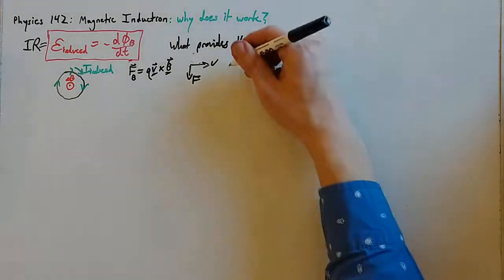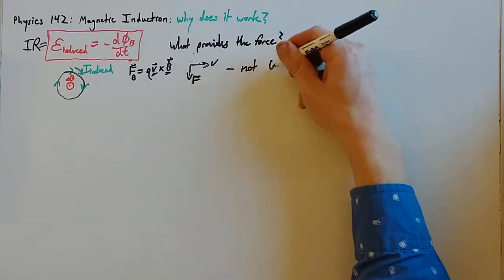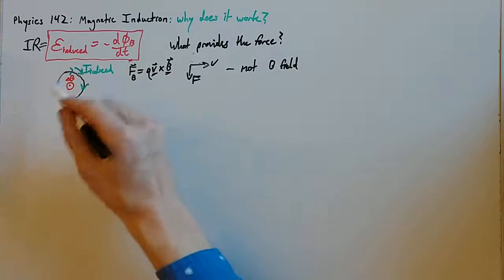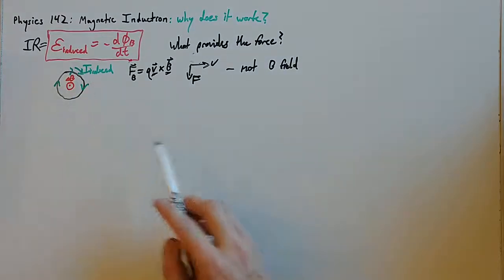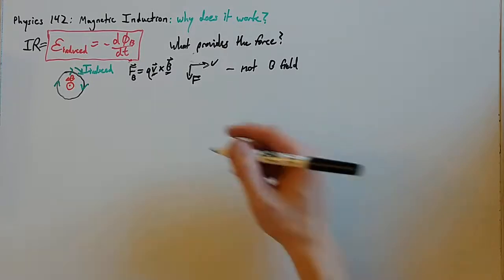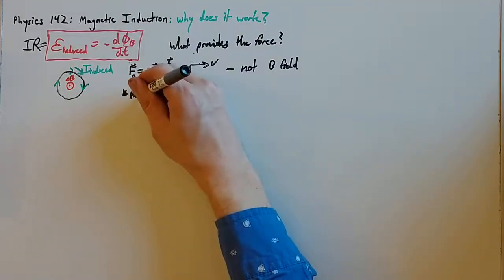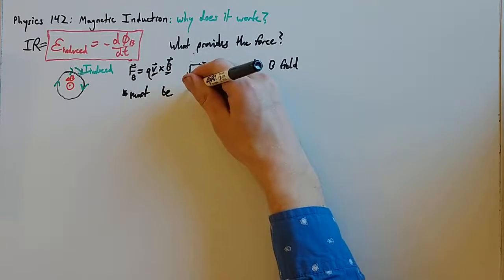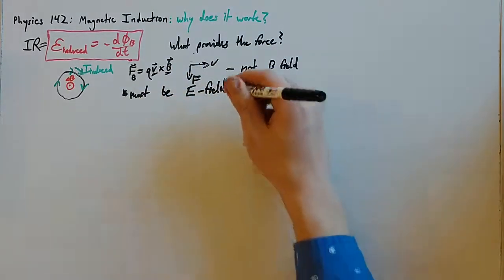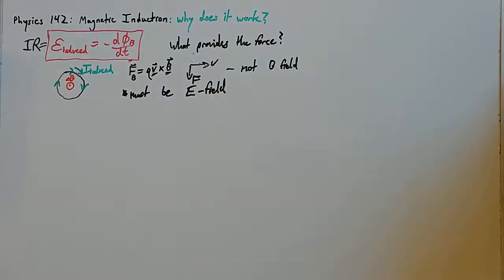It's not B fields, because they only push perpendicular. They don't make things accelerate. They don't make these particles go. So what's left to push on charges? Well, it must be some sort of E field. All right, so it must be some sort of electric field.